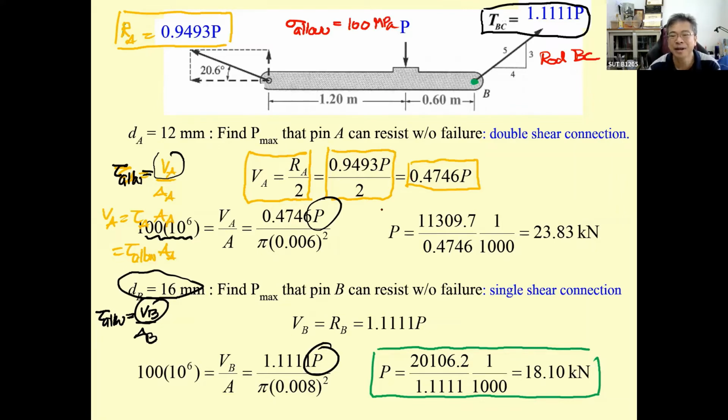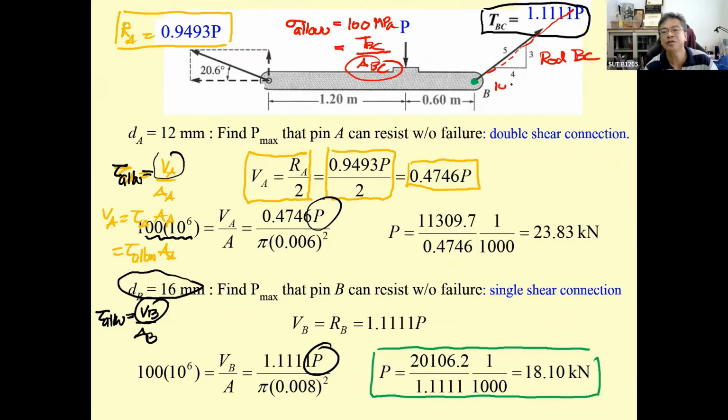Can you determine the force due to the failure of the rod BC? I think you can do it for sure, because sigma allowable is going to be T sub BC divided by A sub BC. So Ajahn is going to provide you the A sub BC also.